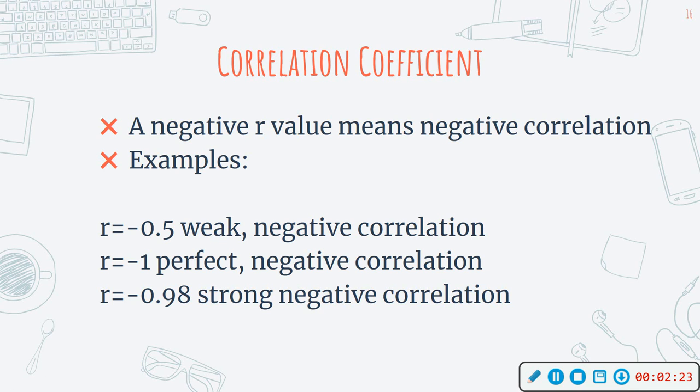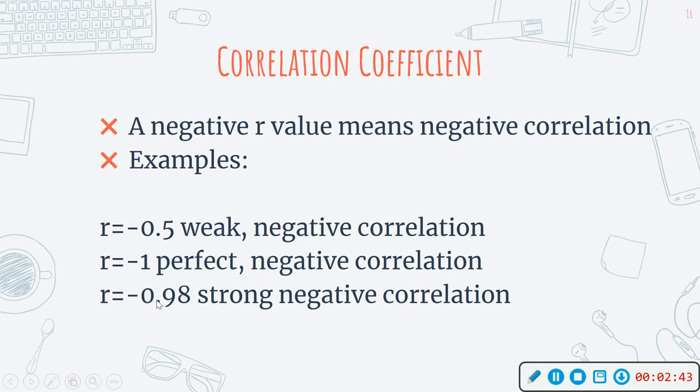So you can see here all of these R values have a negative sign. We have negative 0.5, -1, negative 0.98. The only difference here is that we have a negative sign in front. That means that these are negative correlations. The negative sign does not affect how strong or weak it is.